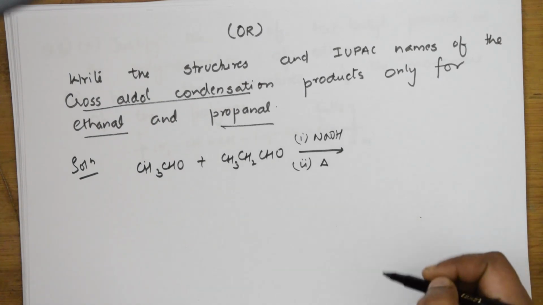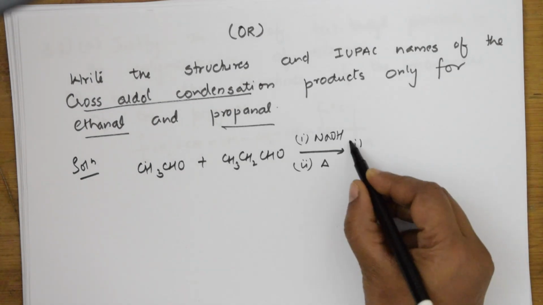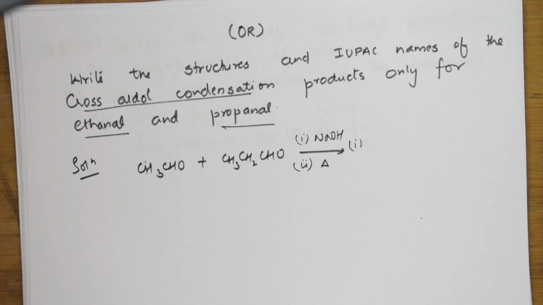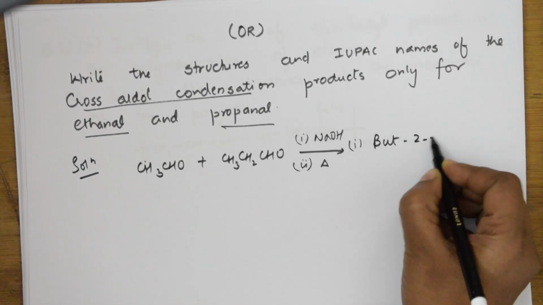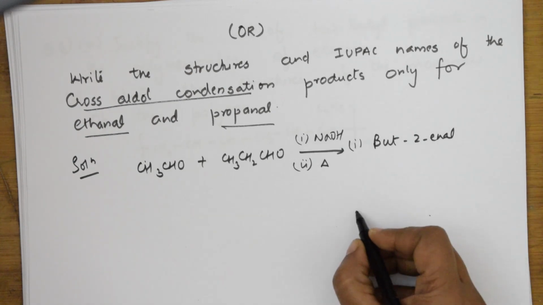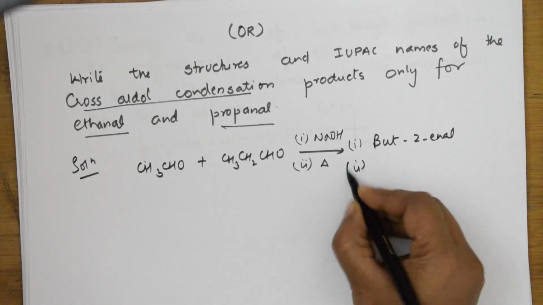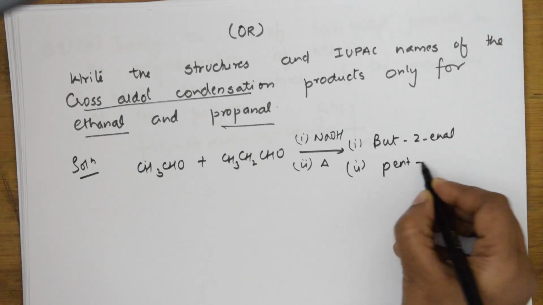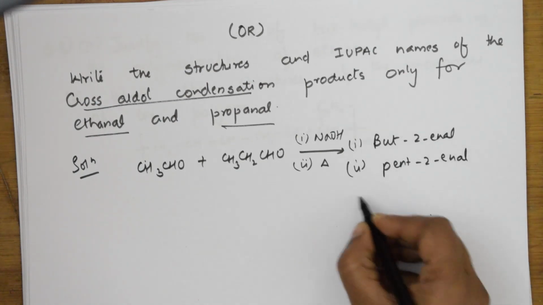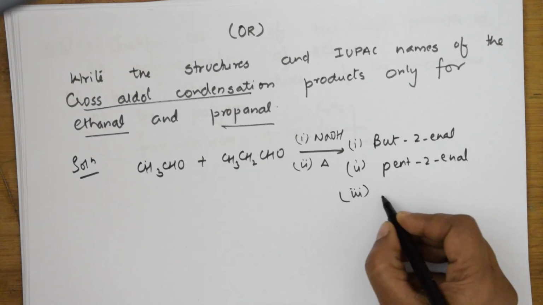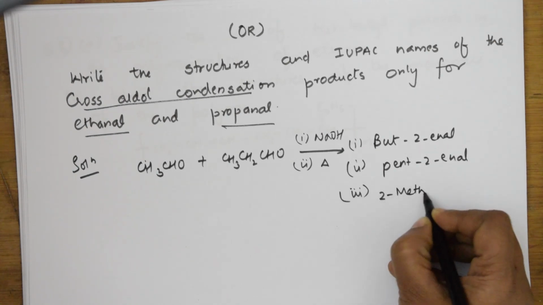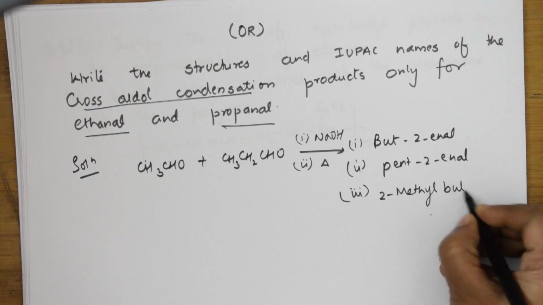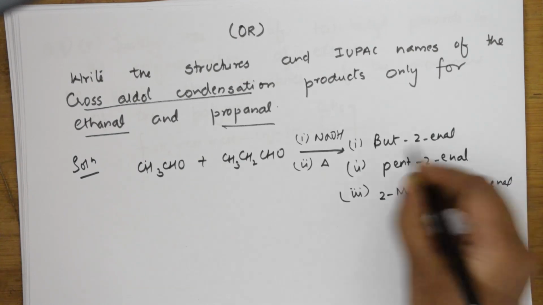Now it will be giving 4 different products. First one, just see, simple. I will give you a logic. Here 4 products. First product is but-2-enal. Second product is pent-2-enal. Third product is 2-methylbut-2-enal, just like the first one.